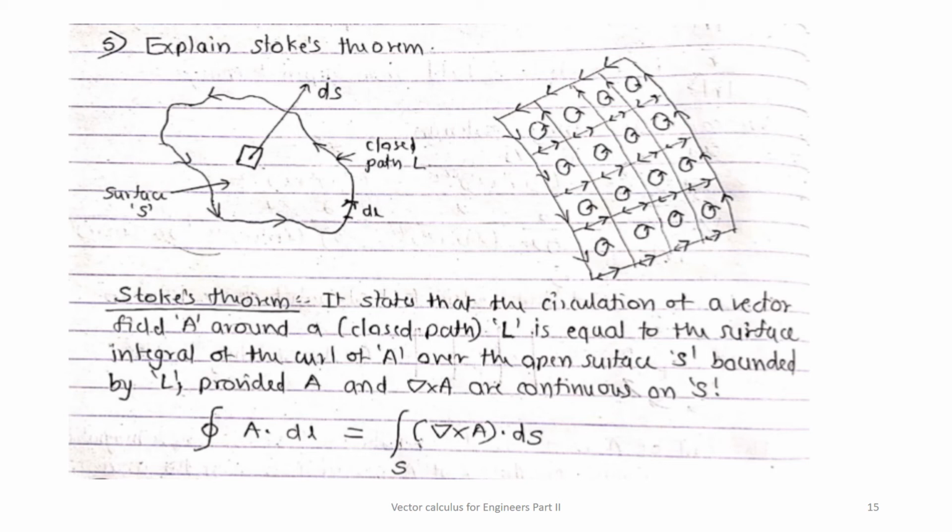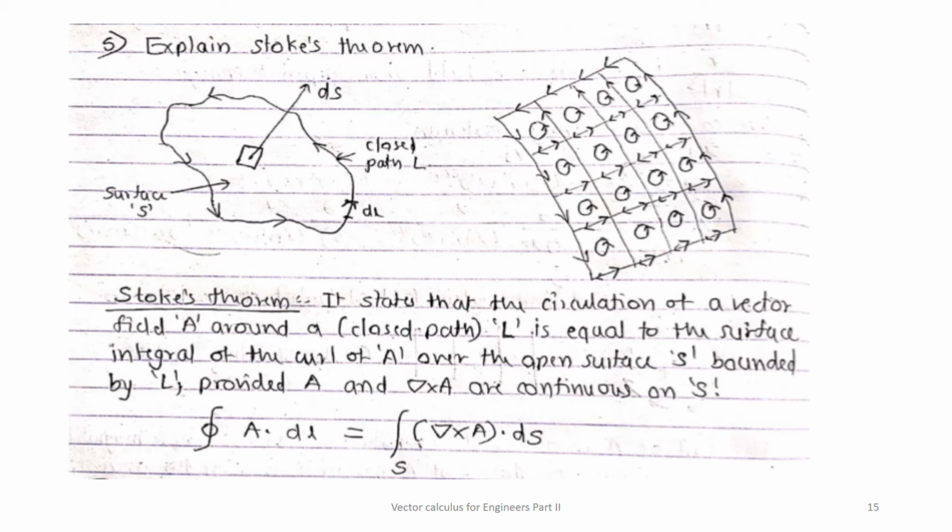So here we can define the right hand side by integration over the surface of the curl of A. We have already defined A as a vector field. So curl of A, with respect to a small infinitesimal area, curl of A dot ds is equal to A dot dl. One is a line integral, the second is a surface integral.